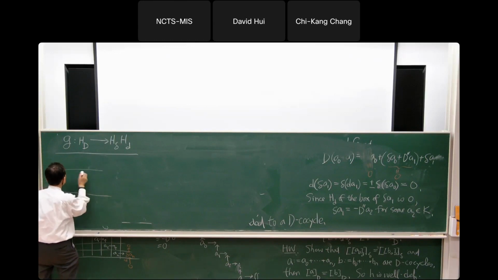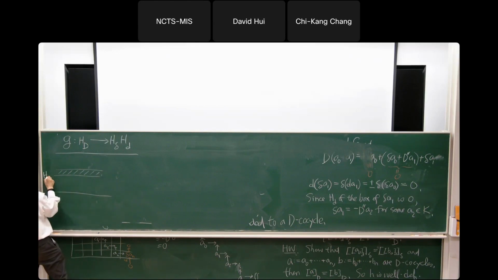Now we are still assuming that HD, little d, looks like this, and there's nothing below the horizontal axis.